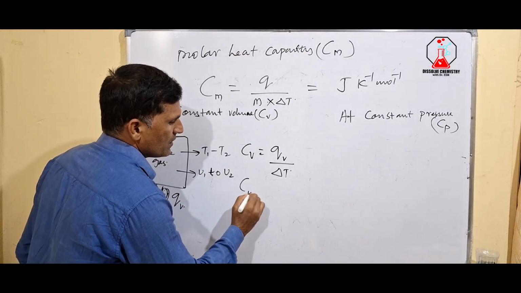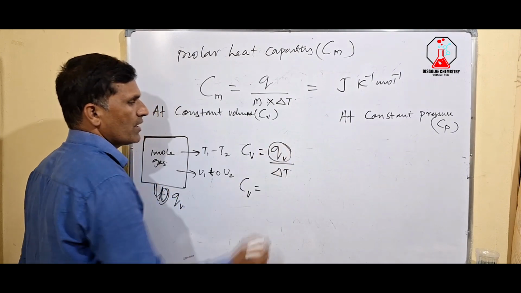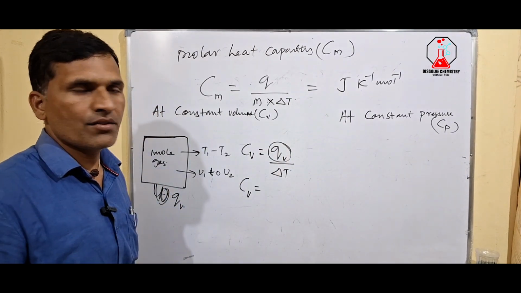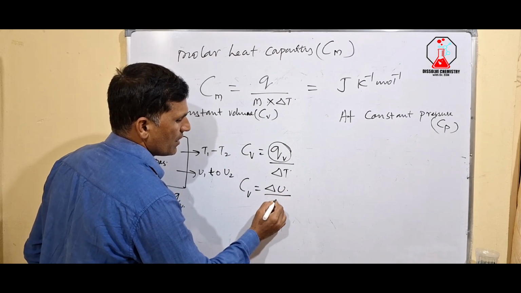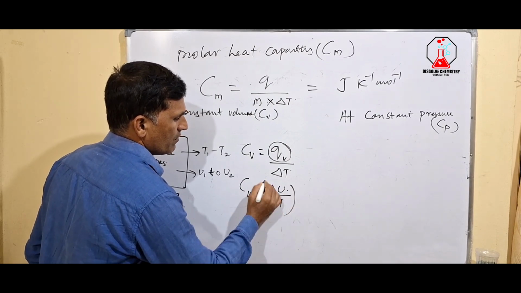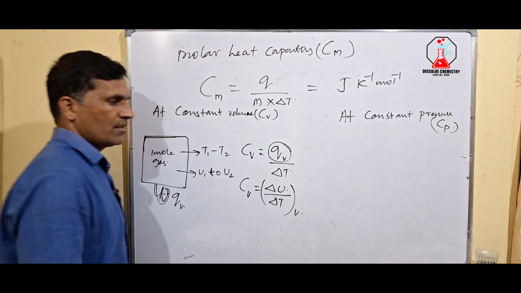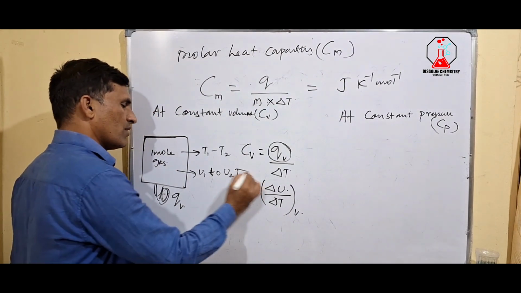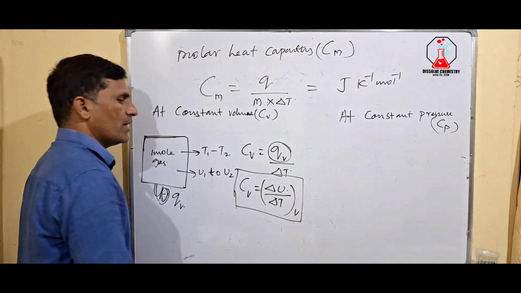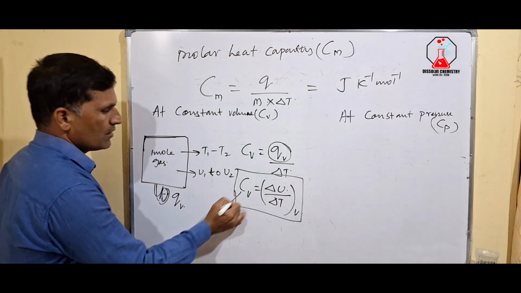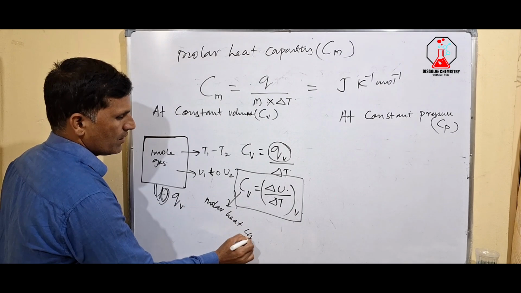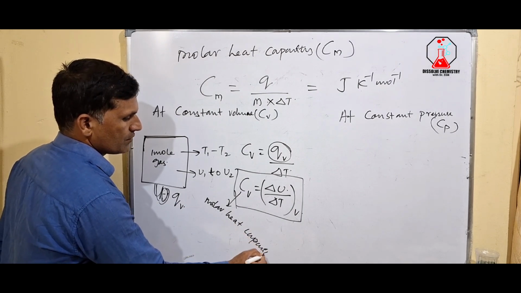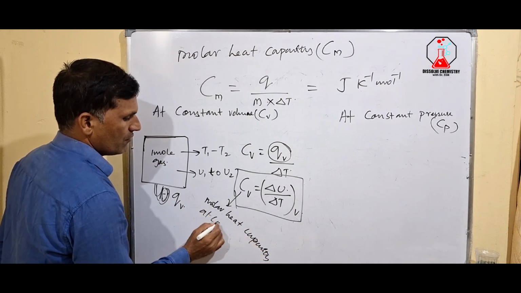All the heat energy absorbed at constant volume converts into internal energy, so Cv is equal to the change in internal energy of the system divided by the change in temperature. Okay, so this is what we call Cv, the molar heat capacity at constant volume.